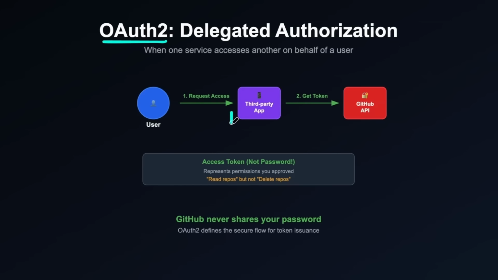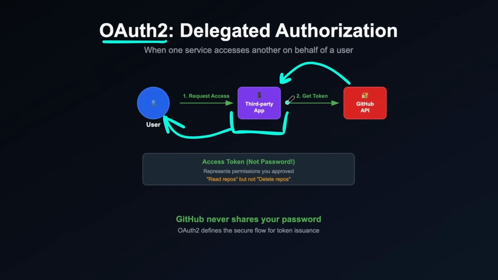For example, if you want to let a third-party app read your GitHub repositories, let's say you're deploying your app to Vercel, so you need to give Vercel control over your repository on GitHub. Instead of giving your username and password to the third-party application, which won't be secure at all because you don't know what they can do with your username and password, this way you are giving them full control.